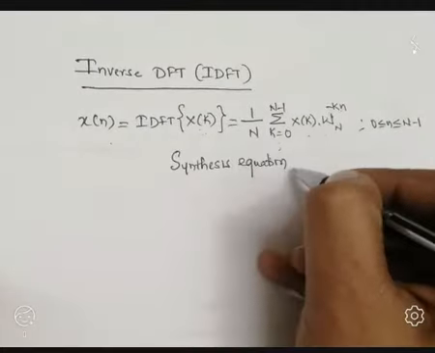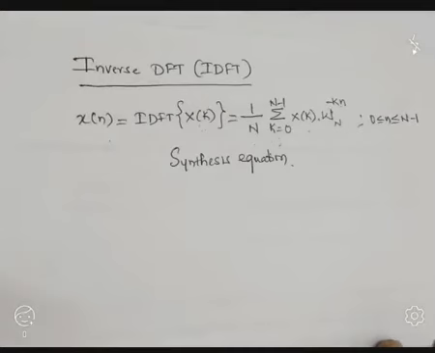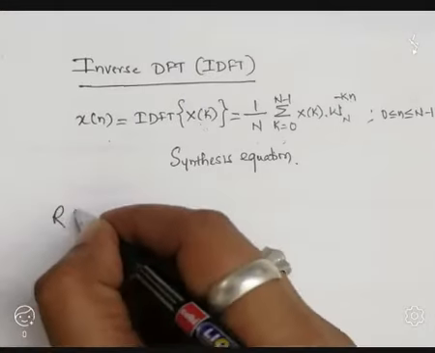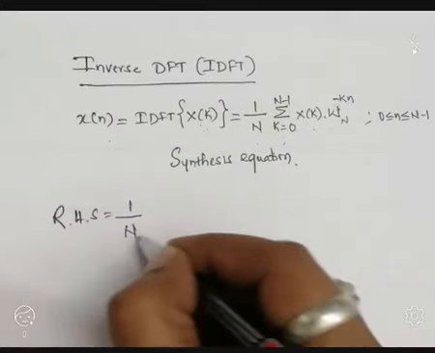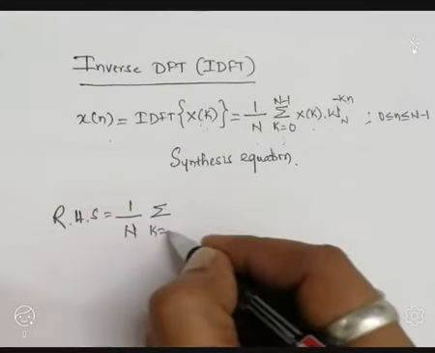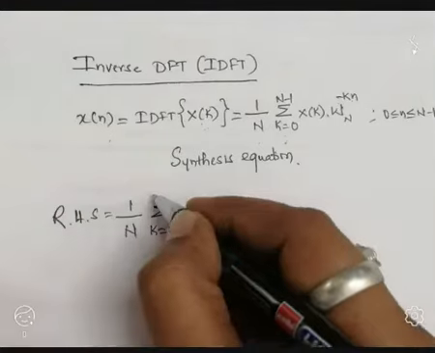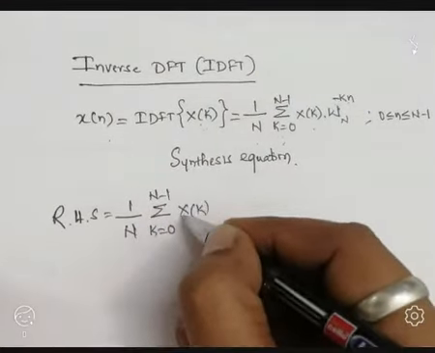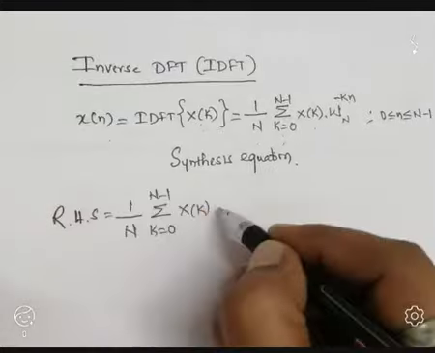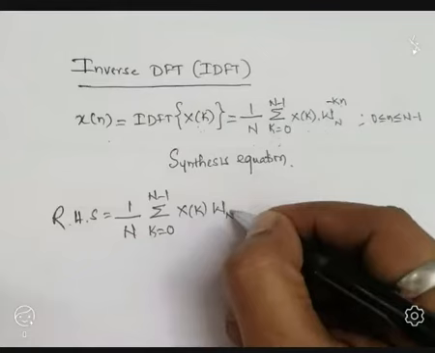Now let us prove this inverse DFT or IDFT. I will take the RHS. What is the RHS? 1 by N summation k equal to 0 to N minus 1 of X of k, capital X, times W_N to the power minus kn.